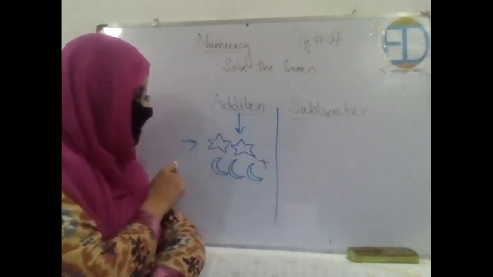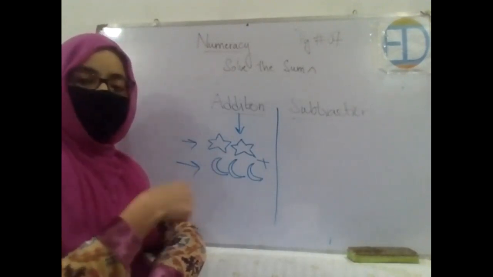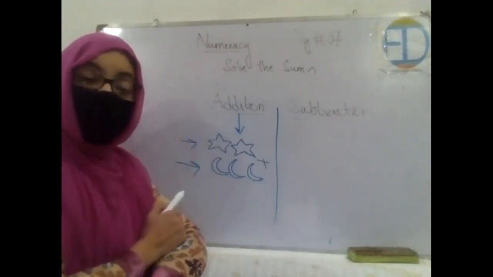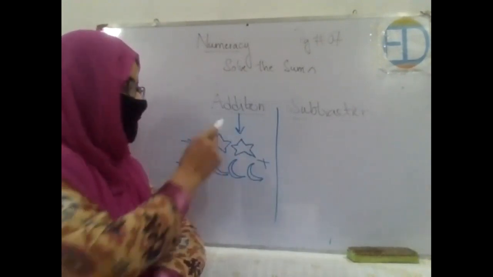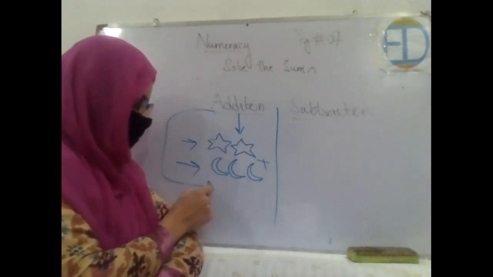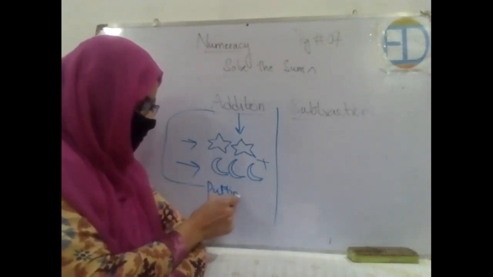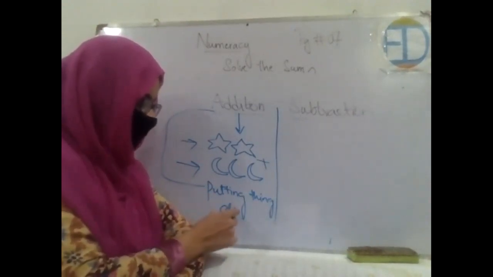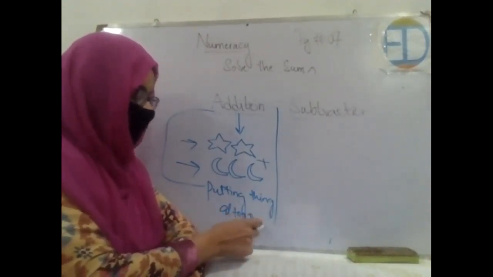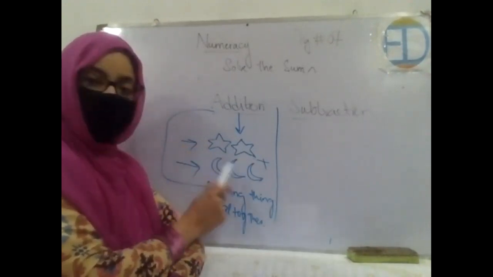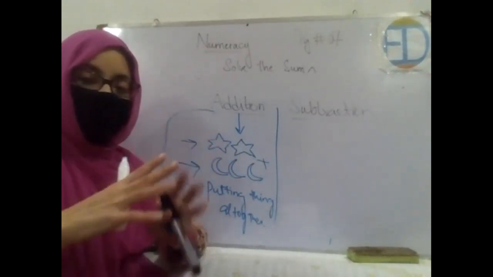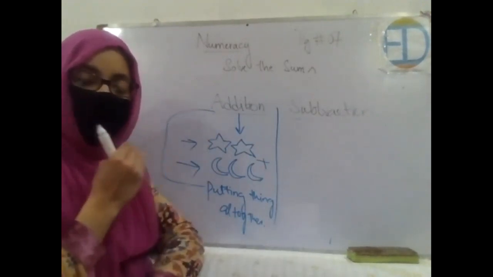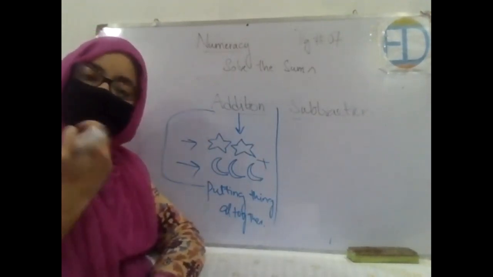They were put separately first. When I add them, this means that I am putting all of them together, right? So addition means putting things all together. And how will we put things all together? We will add these stars and the moons and then they will become a whole one thing, right? So this is what we do in addition.